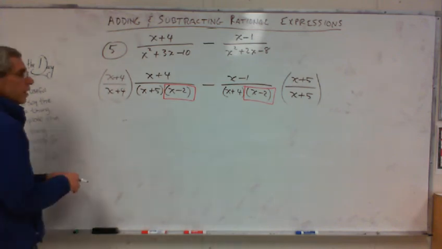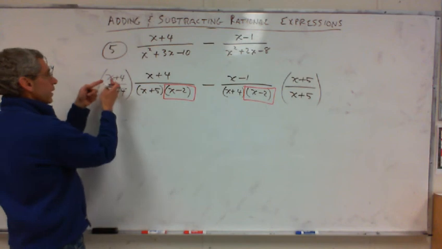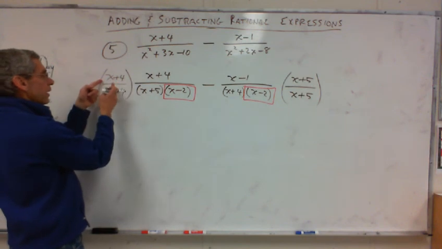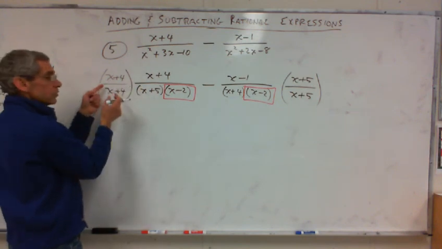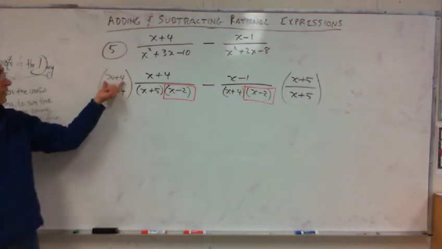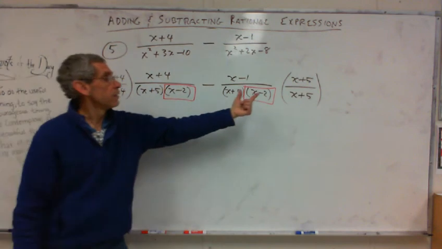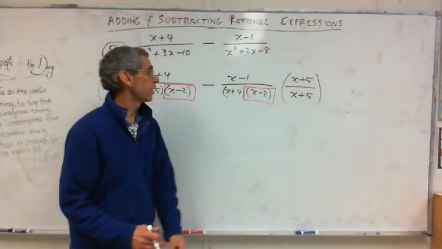So now I have my common denominator. And upstairs I have these binomials multiplied times each other. I'm going to have to use FOIL. It's x plus 4 times x plus 4, and then FOIL x minus 1 times x plus 5.